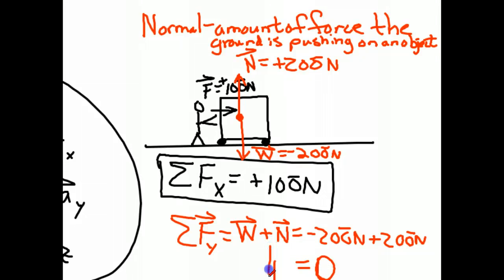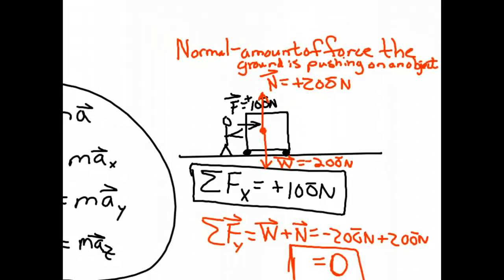Okay? So is the y direction actually Newton's second law of motion? No, it's actually the first, okay, because the sum of the forces equals 0. So in this case, when you look at all the directions, the x and the y direction, Newton's second law is satisfied in the x direction, okay?